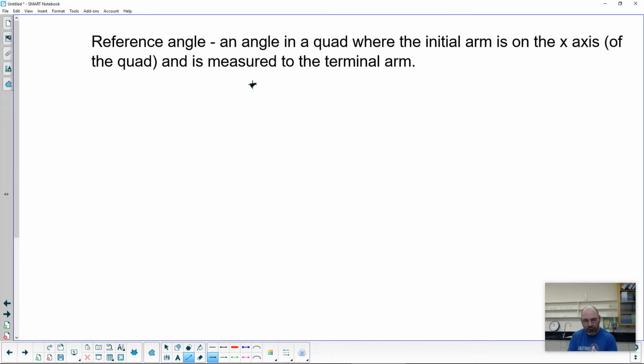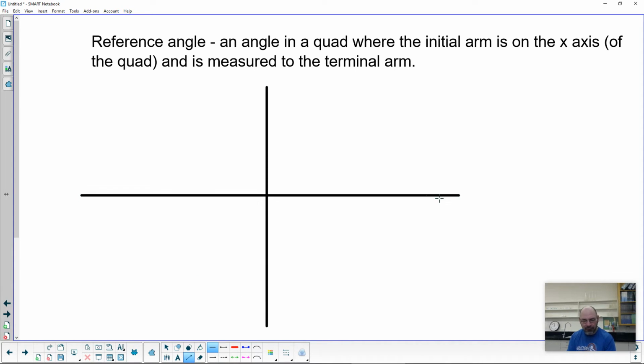Let's get our quadrants here. When we're doing this, we should always keep in mind to label our x and y. So I'll label it up with the marker here, so that we know.